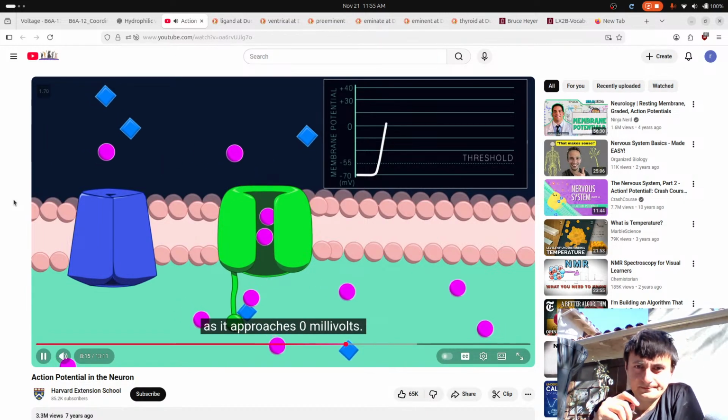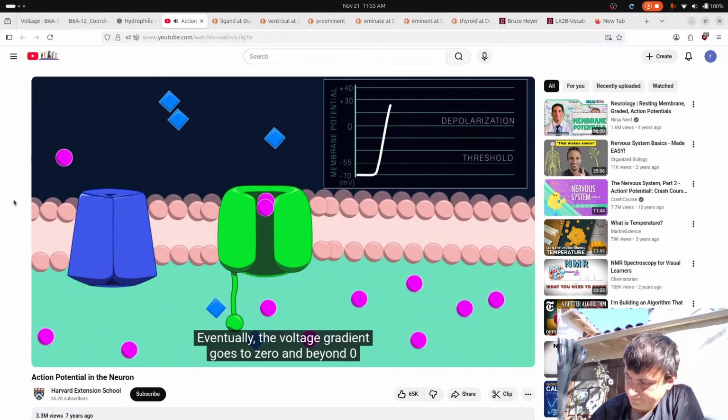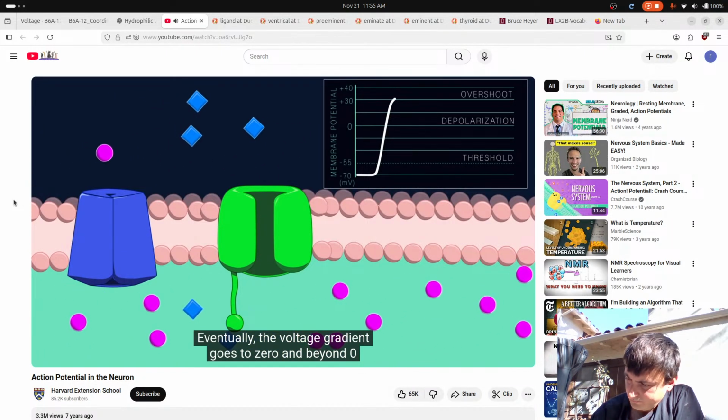As it approaches 0 millivolts, this is called depolarization. Eventually, the voltage gradient goes to 0 and beyond 0, up to a positive 30 millivolts. This is called an overshoot.